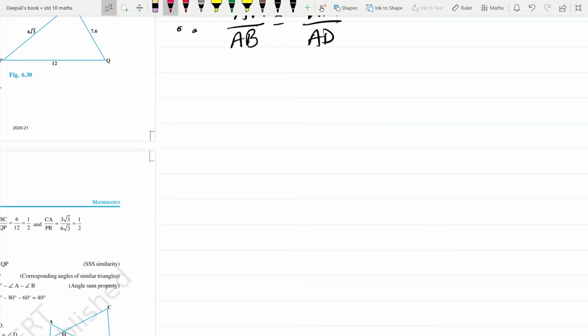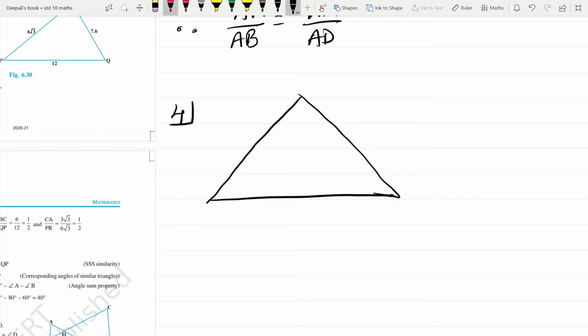Now let us do the fourth question. In the given figure, we have a triangle ABC again, and we have DE parallel to AC, and we have DF parallel to AE.